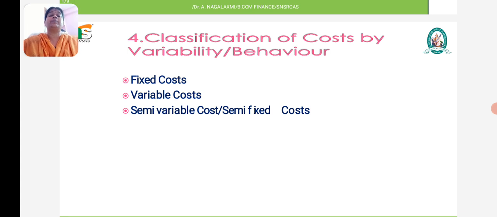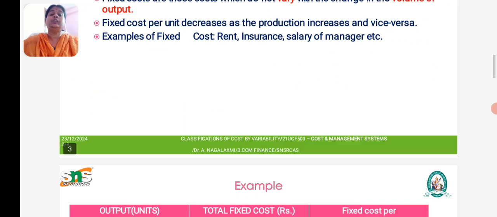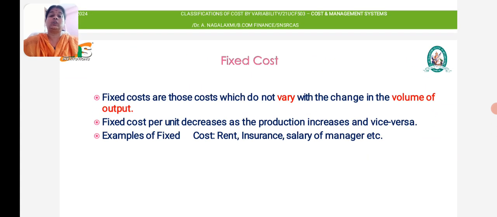Classification of cost by variability or behavior: variability or behavior is one of the characters of the cost in the cost center, that is fixed cost, variable cost, semi-variable cost or semi-fixed cost.